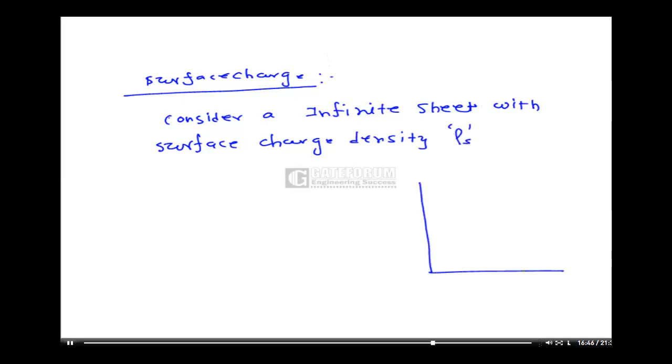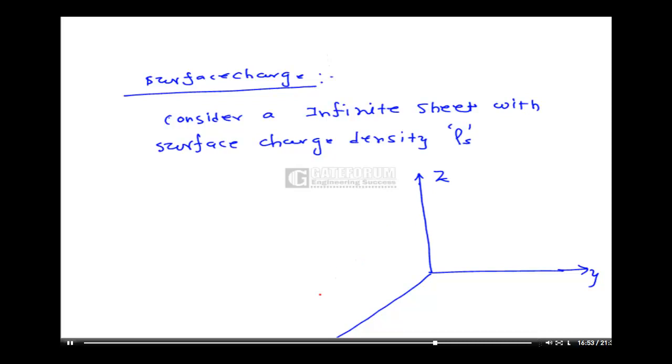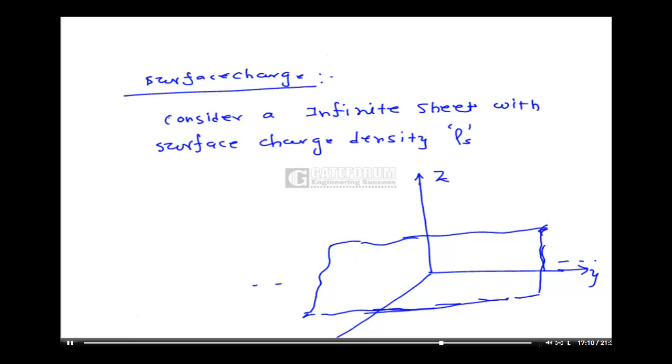So like this, this is x, y, z. I am considering a sheet in the xy plane. This is infinite in length. This is the sheet having rho s charge density.